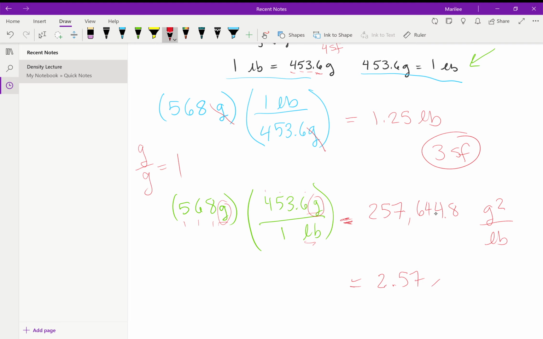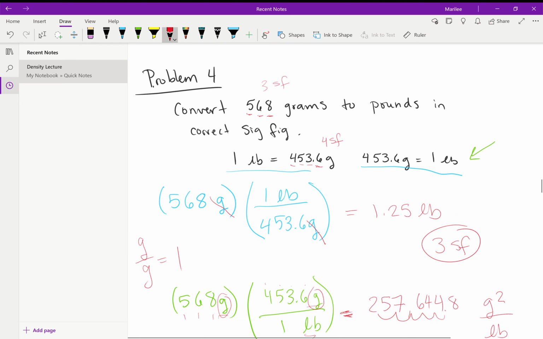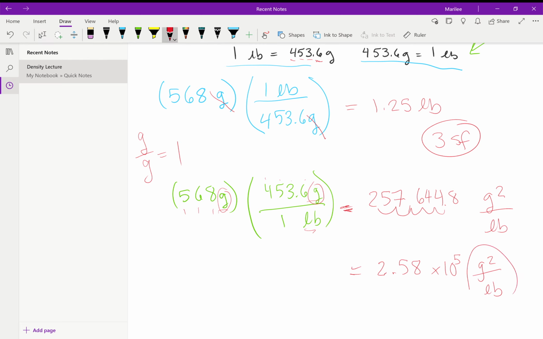Actually rounding it up, 2.58 times 10 to the power of 5 gram squared per pound. Now our question here says convert 568 grams to pounds. So our answer needs to be in pounds. This answer is not in pounds, it's grams squared per pound. Therefore, if you keep your units, you'll know that you're using the wrong conversion. This is not correct. This is the correct answer.